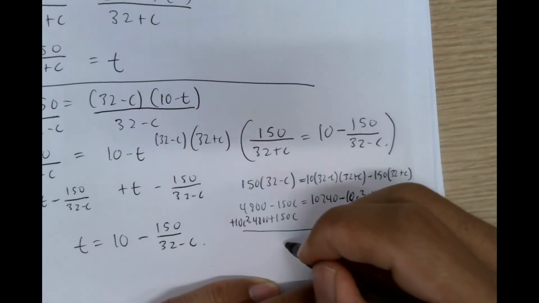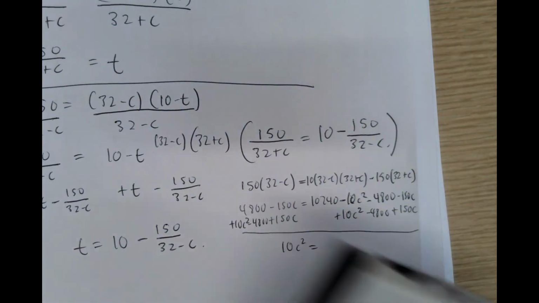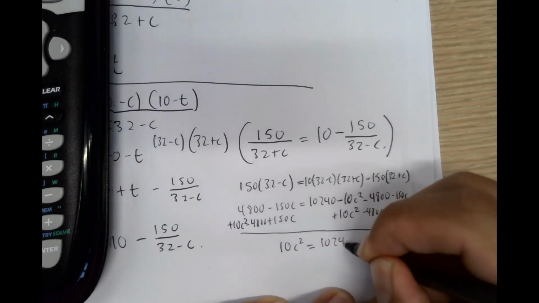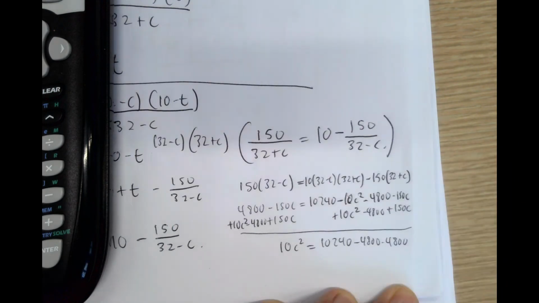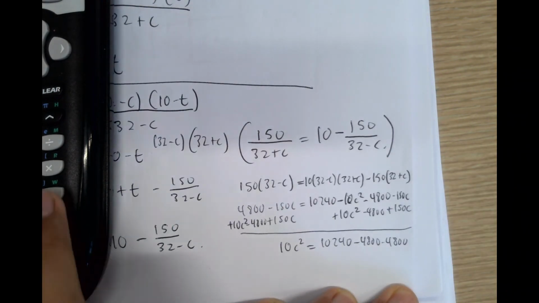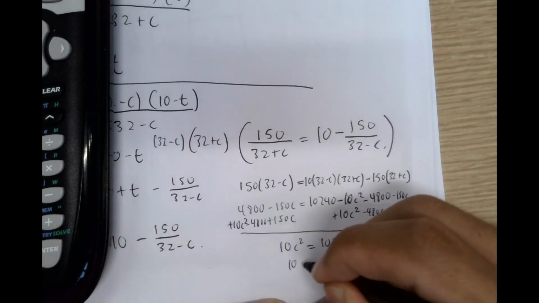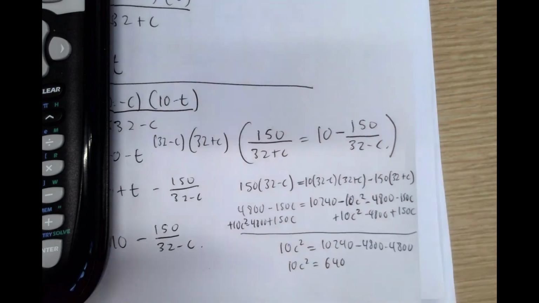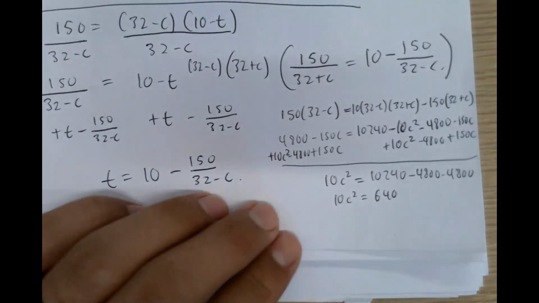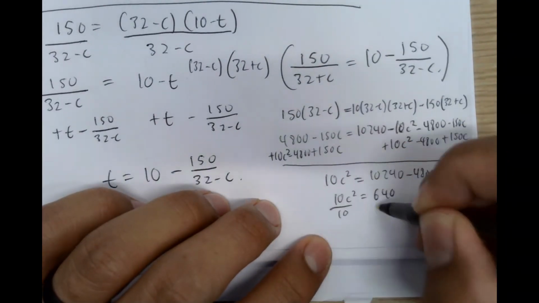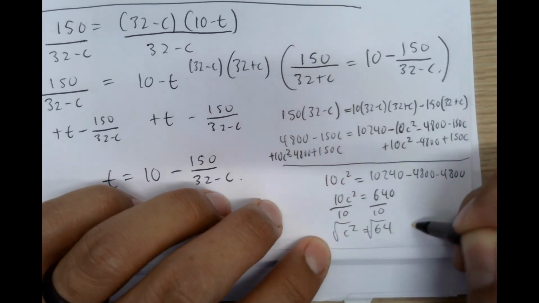And I get 10c squared is equal to 10240 minus 4800 minus 4800, and that would be 10240 minus 9600, so 10c squared is equal to 640, and then I would divide both by 10. So c squared equals 64, square root both sides, c equals plus or minus 8.